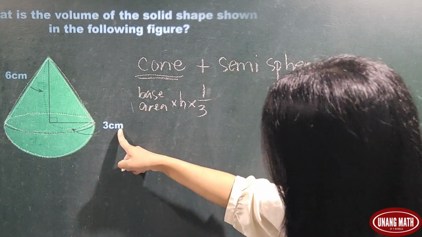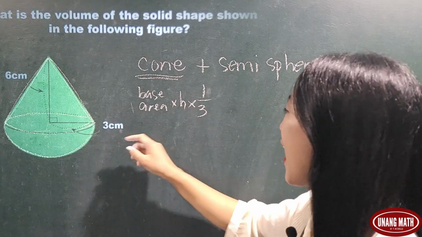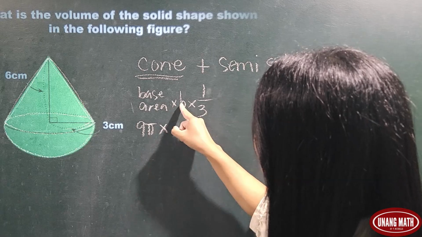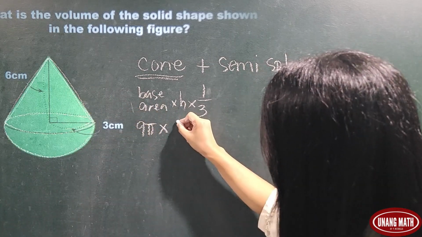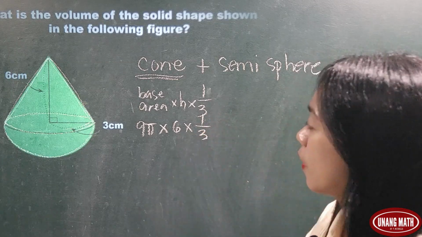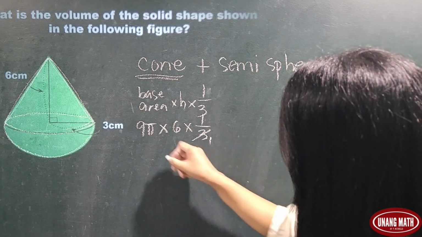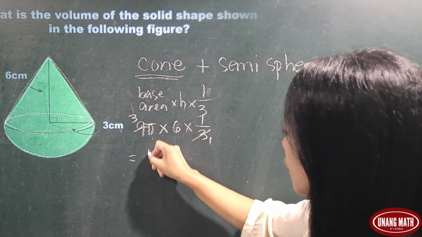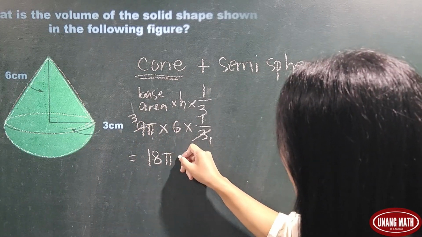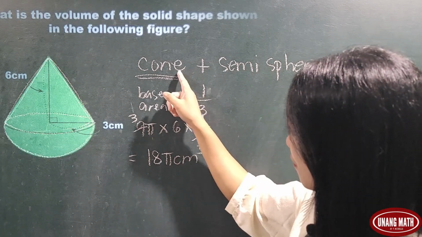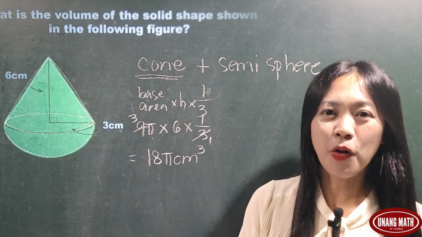Radius is 3 centimeters, so that would be 9 pi. We multiply this by the height, which is 6, times 1/3, since this is a cone. Simplify. This is 1, this is 3. So 3 times 6 is equal to 18. So we have 18 pi cubic centimeters. That is the volume of the cone.